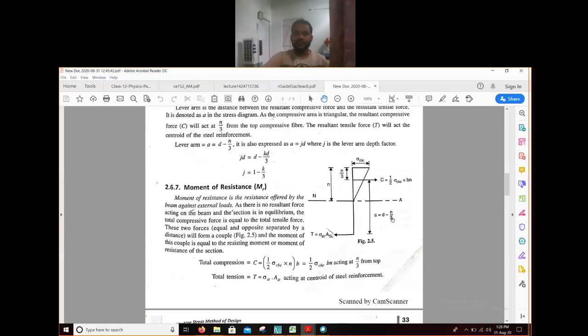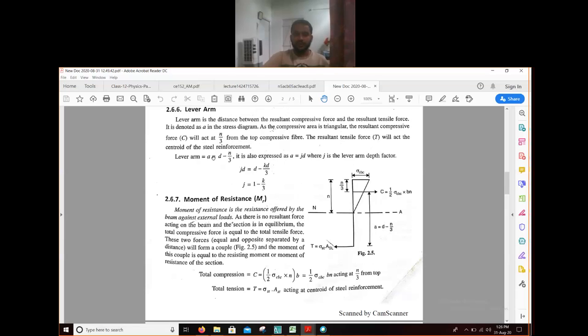Now we can also express the lever arm by another formula: a equal to J into d. This J is known as the lever arm depth factor. This is a factor whose value is constant for a particular steel and a particular grade of concrete.